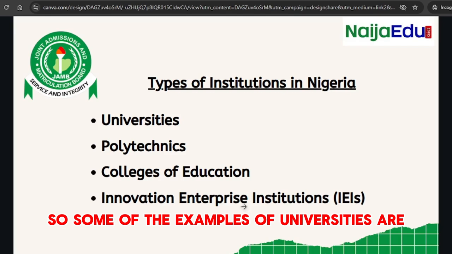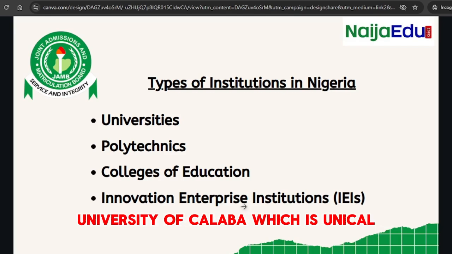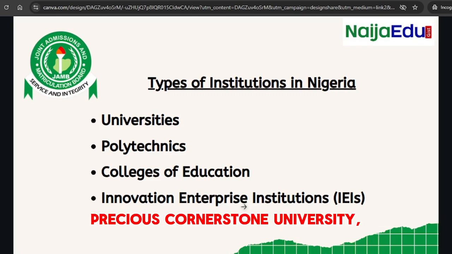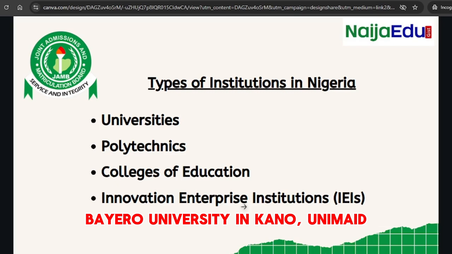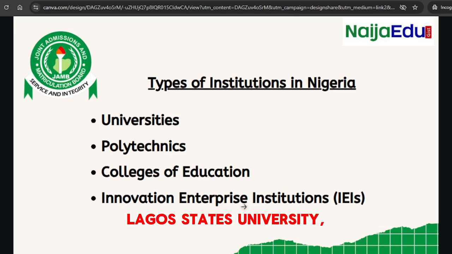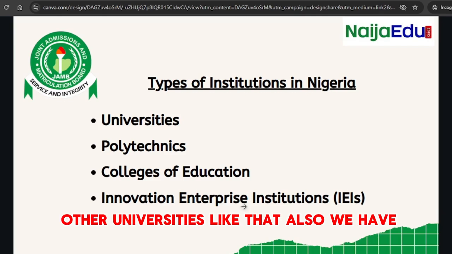Some examples are University of Lagos, University of Calabar, which is Unical, University of Abuja, Precious Cornerstone University, Colorado University, which is actually a private university, Bio University in Kano, UNIMAID, which is University of Maiduguri, Lagos State University, which is LASU, and other universities like that.